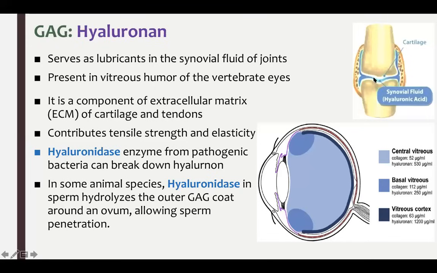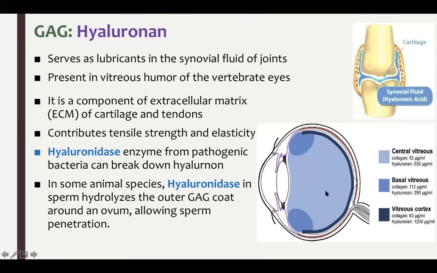If this synovial fluid was absent between these joints, then the bones might be destroyed because of friction. So this synovial fluid actually serves as the lubricant, and this synovial fluid contains the hyaluronic acid. So hyaluronic acid actually gives the mechanical support of the joint.